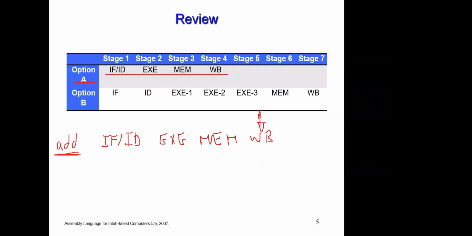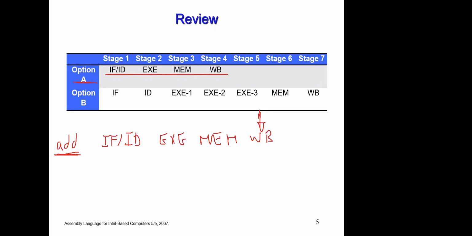Since also in the question it is mentioned that we can write and read in the same clock cycle. If I said you cannot do that, then you have actually to switch to the next cycle. But since I said that you can do that, what I need to do is just align the ID with the write back.